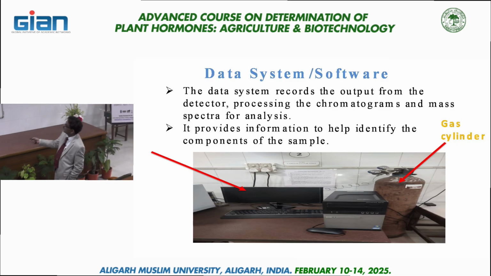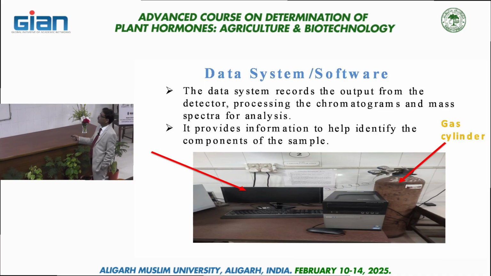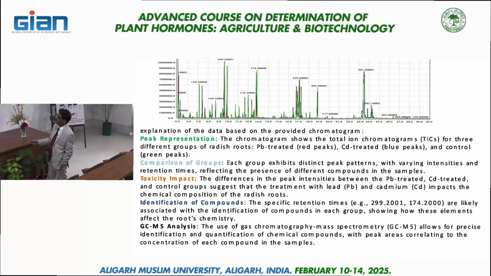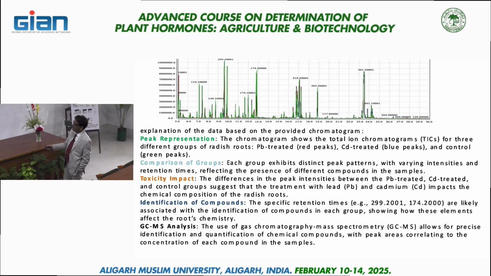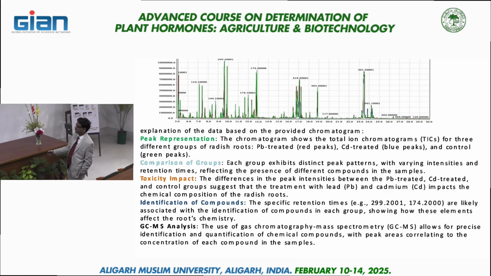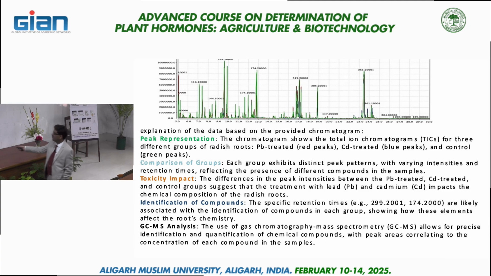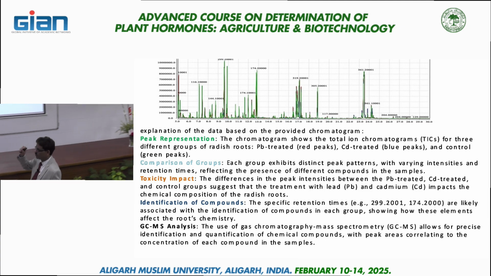Okay. This type of peak we are having, it might be a peak representation, a comparison of the groups, one group, two group, three and different. Then the toxicity impact we may also have identified, and a particular compound at a specific retention time, that might be 299, 174, is likely associated with the identification of the compound of each group.